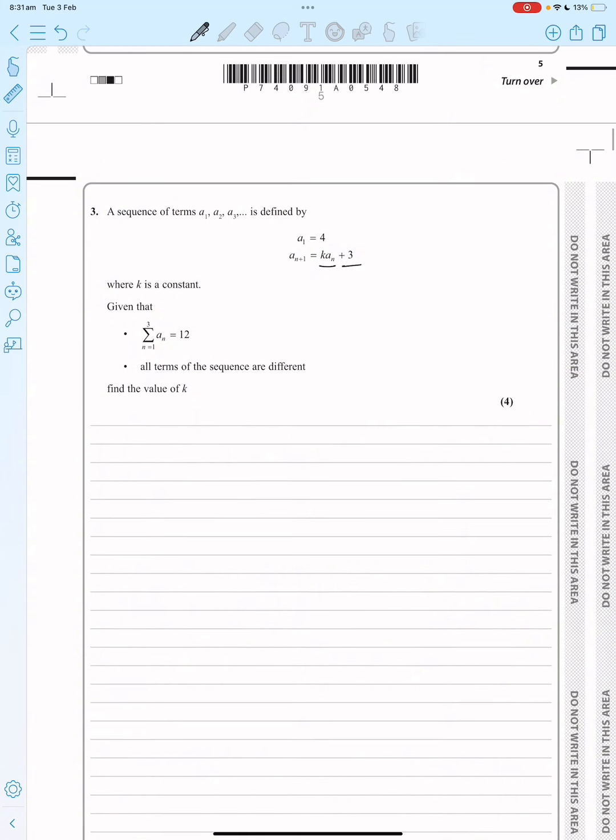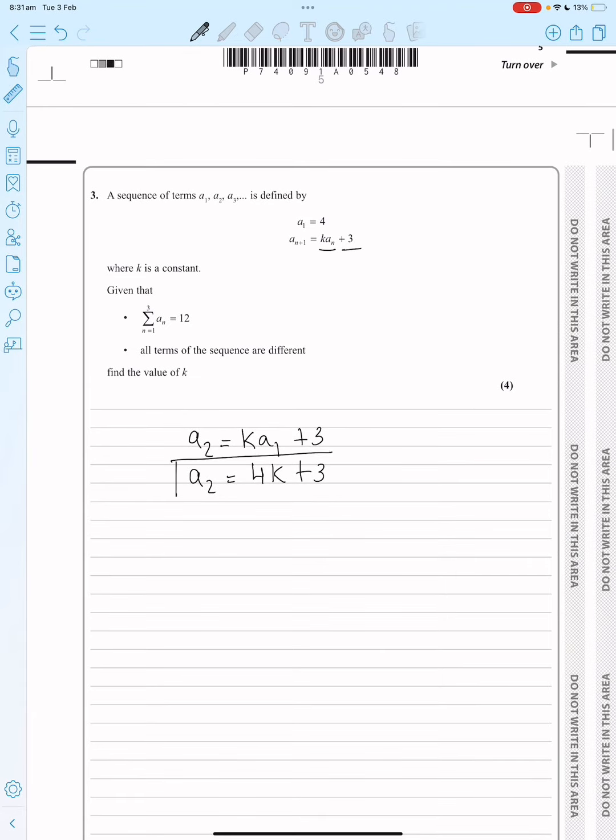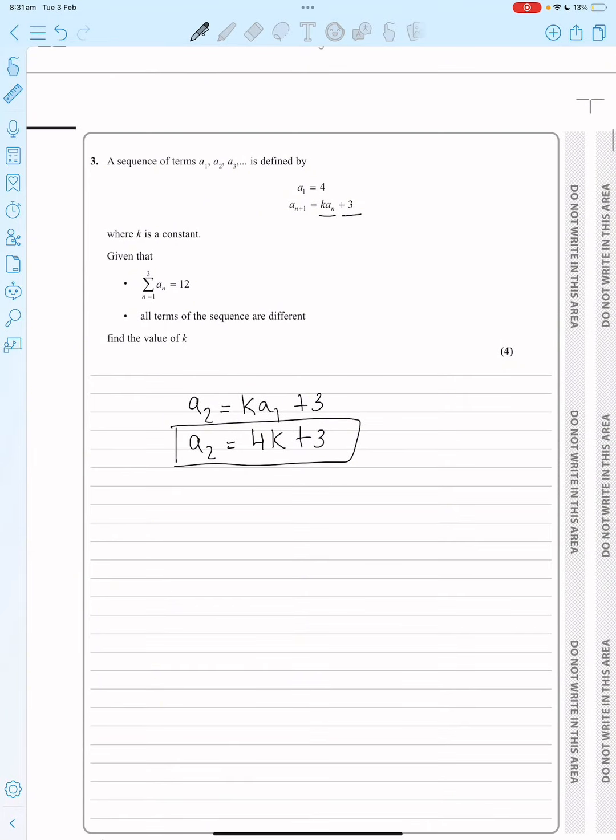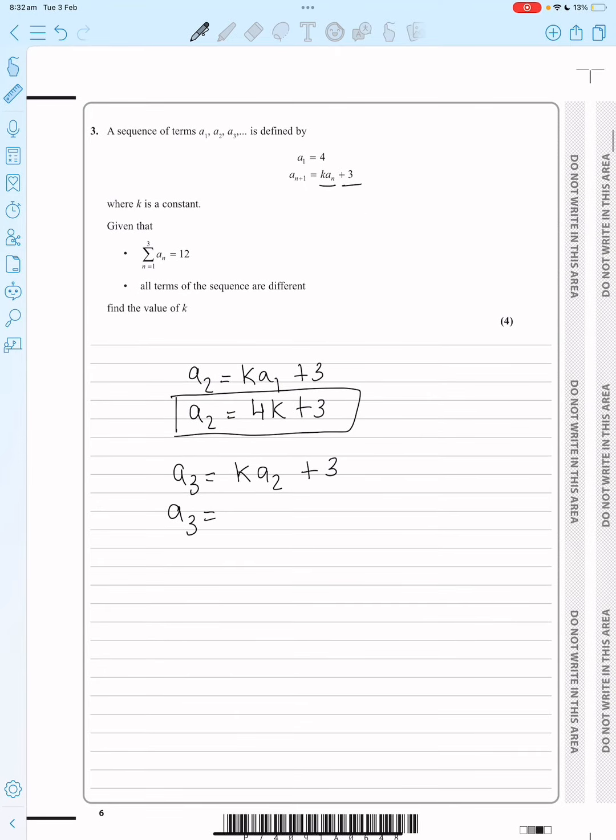So I can say that a2 is equal to k a1 plus 3. I know a1 is 4, so a2 is equal to 4k plus 3. That's my first step. Then I can say that a3 is equal to k a2 plus 3, so a3 is equal to k times (4k plus 3) plus 3.